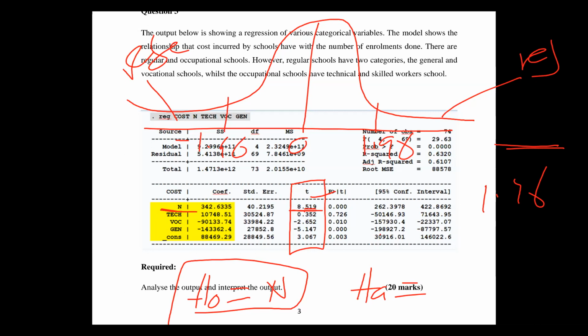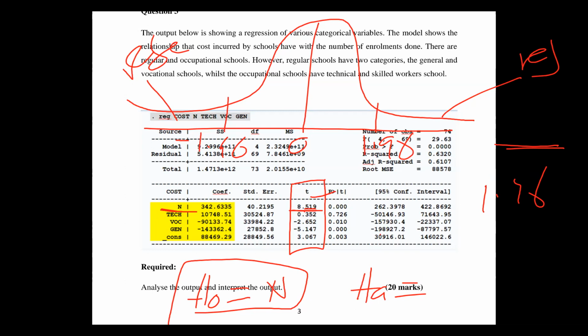We reject that. Therefore, the enrollments in skilled workers school have got an impact, or they are statistically significant to the model. Is that clear? Yes. We'll do more of those.